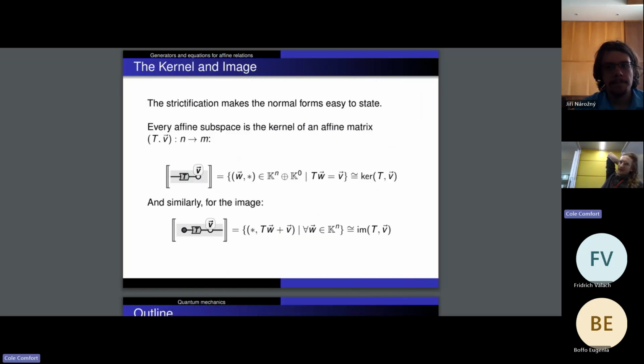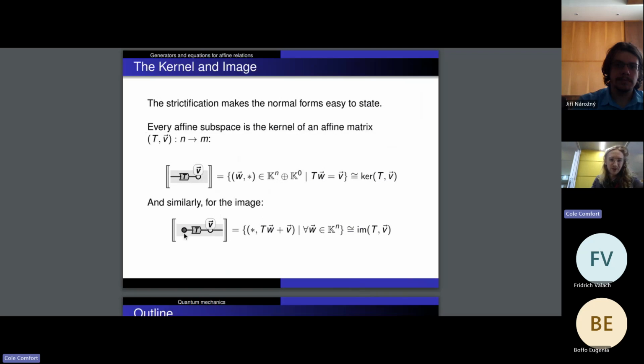So there's a normal form for affine subspaces. You can either ask that an affine subspace is the kernel of an affine matrix or the image of an affine matrix. So using this notation, we can succinctly represent this by saying you have this affine matrix where the linear part is the matrix T, and the affine shift is this vector V. And then in terms of the pictures, this is the subspace that represents the kernel: all the vectors which, if you multiply them by T and then add V, give 0, which is the definition of the kernel.